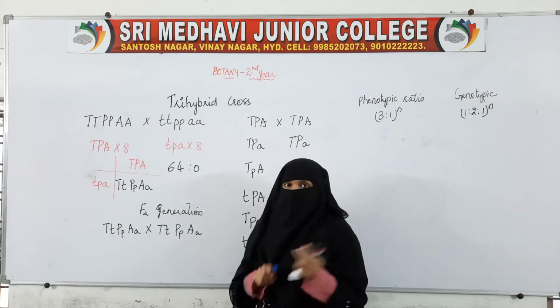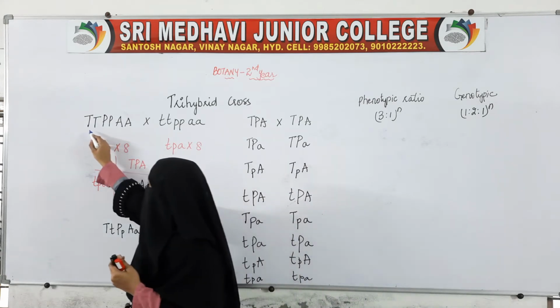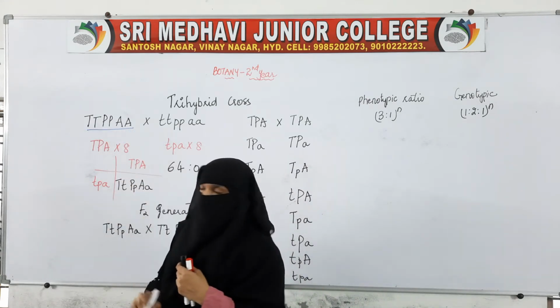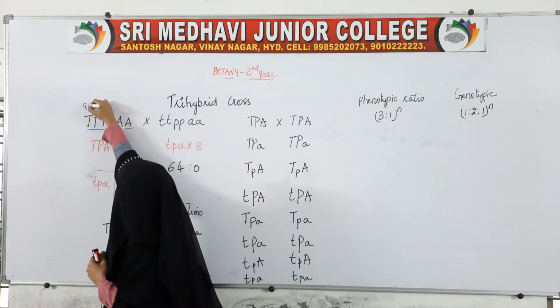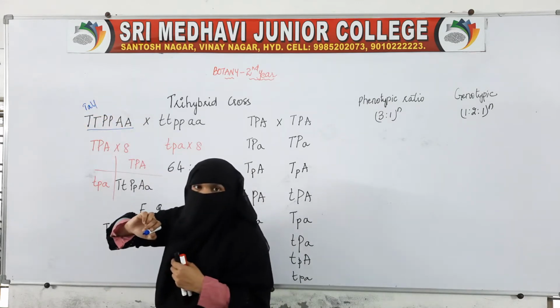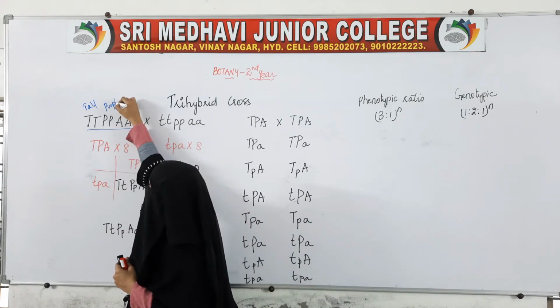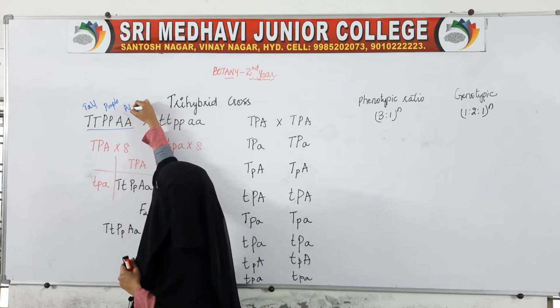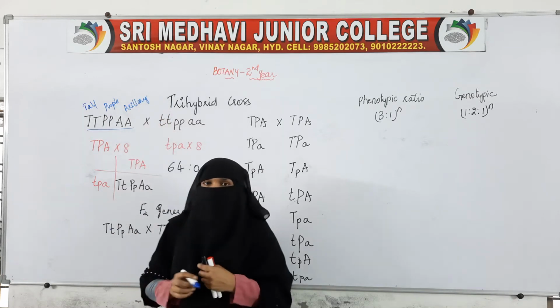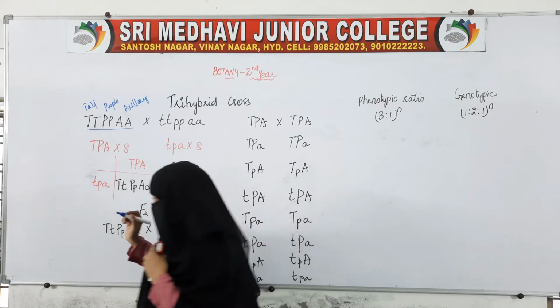Now this is a plant with these three characteristics. First characteristic is tall, second is purple flowers, and third is that the flowers are axillary in position. Which characters are we taking?